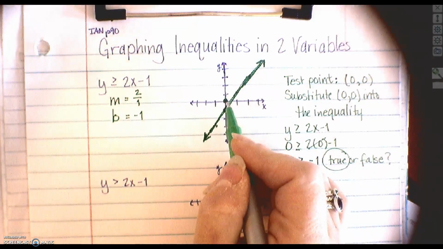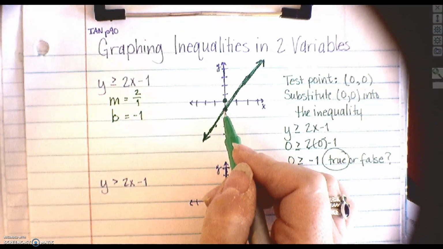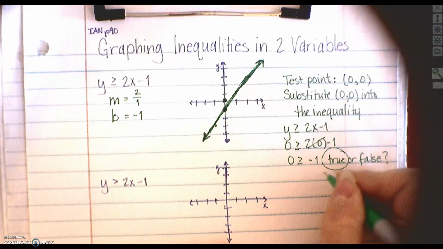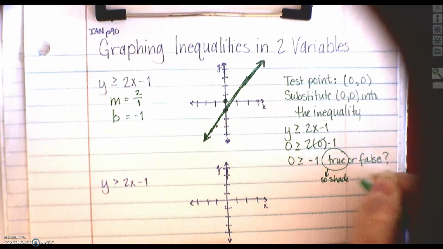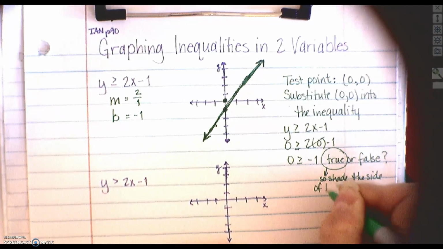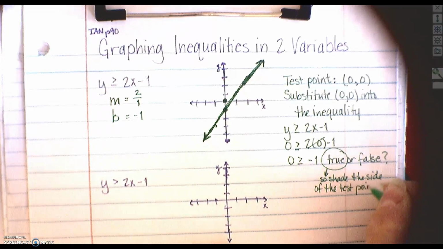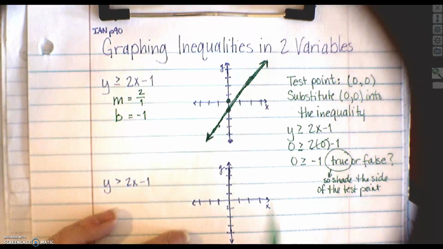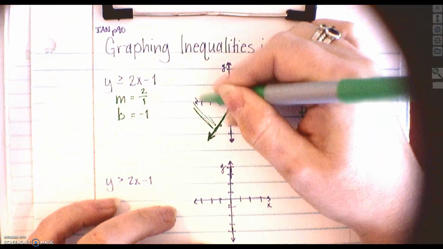So we're going to shade the side, the plane that includes our test point. So shade the side of the test point. That means we're going to shade above the line because our test point is above the line.